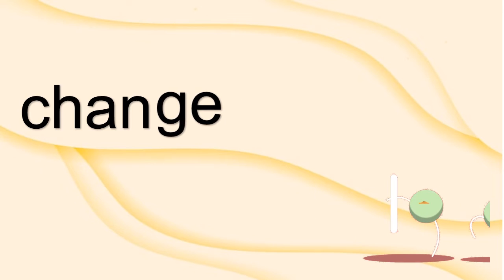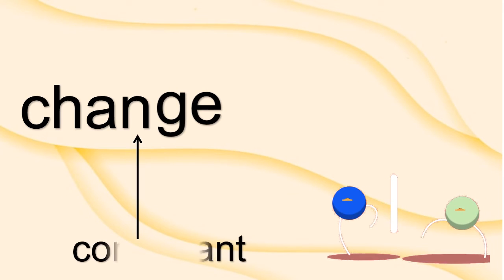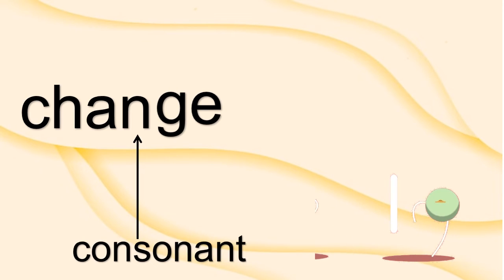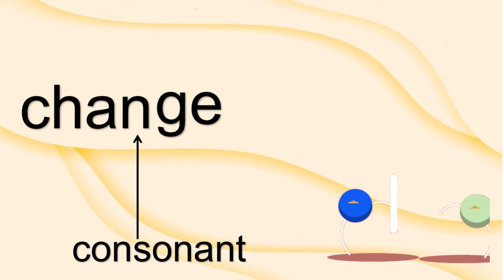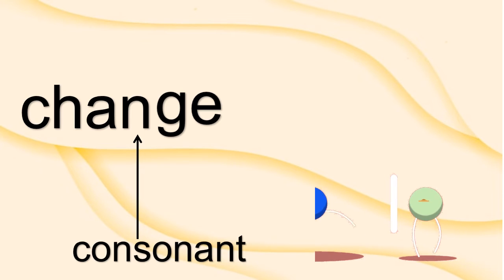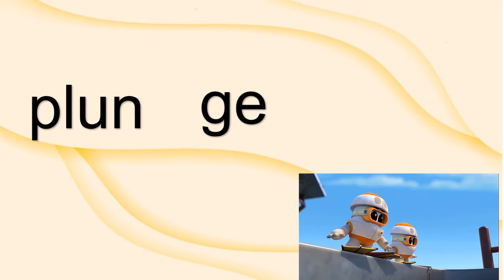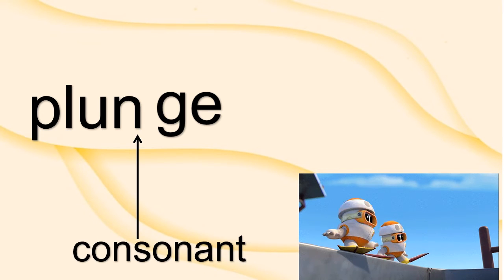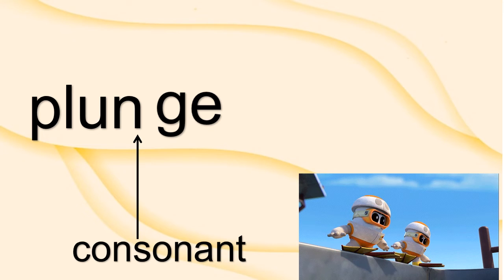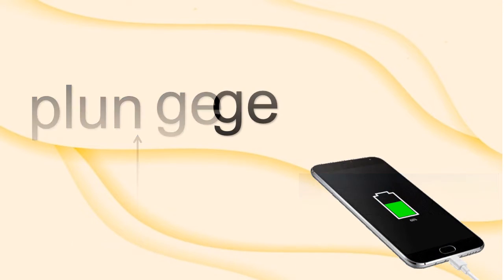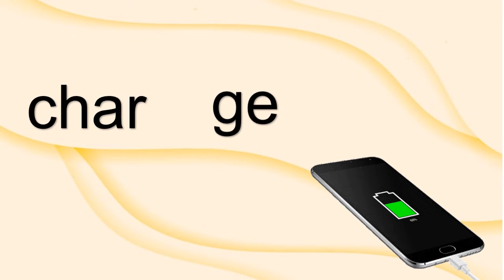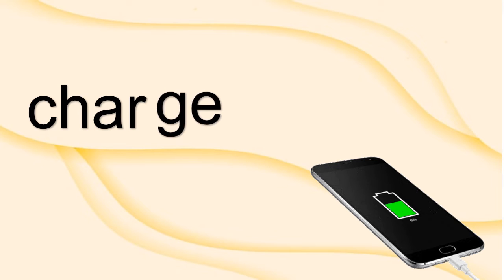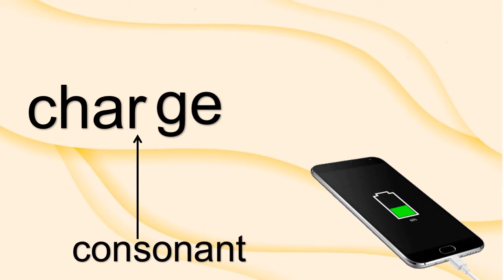In the word change, we have an N before the J sound, so we write G and E. In the word plunge, we have an N which is a consonant before the J sound, so we write G and E. In the next example, which is charge, we have an R before the J sound.